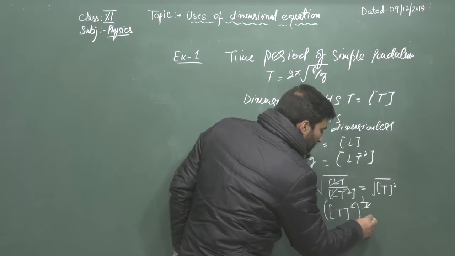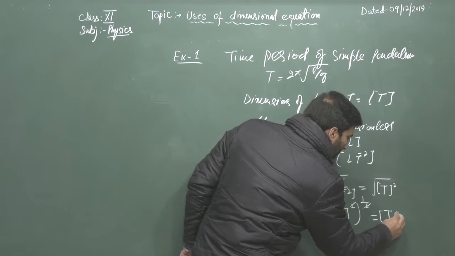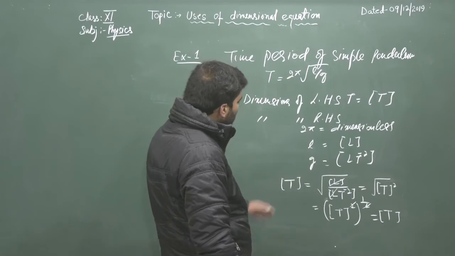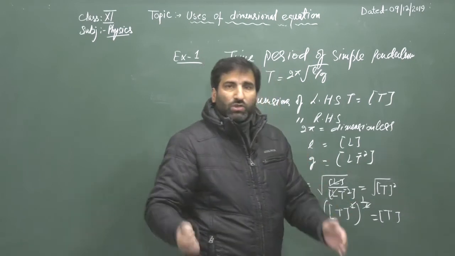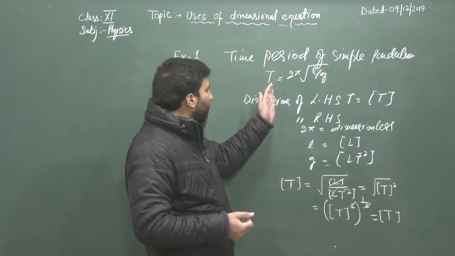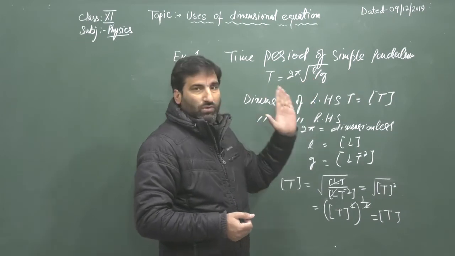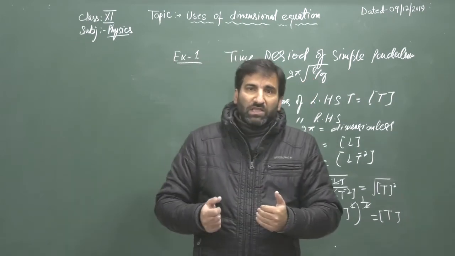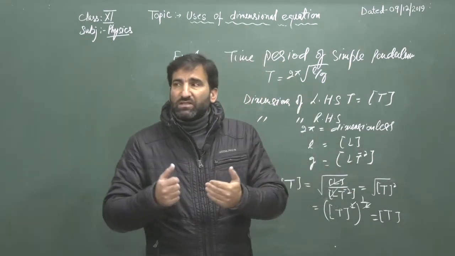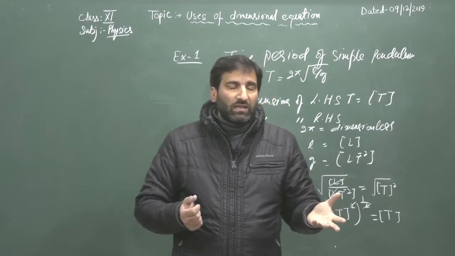This 2 and 2 will cancel, so we will have T. Now the dimensions of LHS are equal to the dimensions of RHS, so we say the equation is dimensionally correct. The dimension of time on the left is equal to the dimension of time on the right. Using the principle of homogeneity, this is the way we can see whether an equation is correct or not.